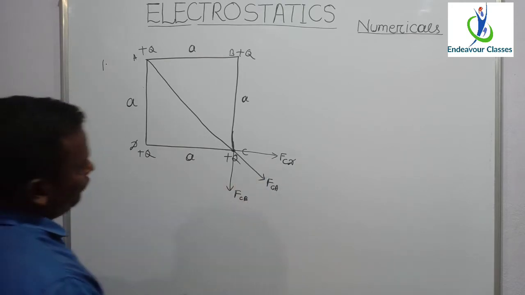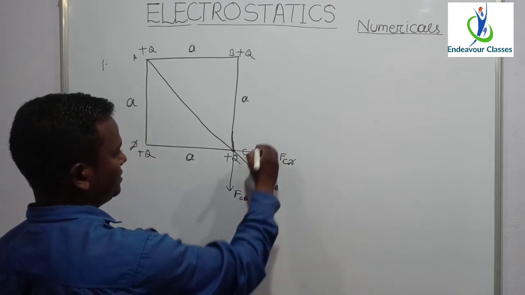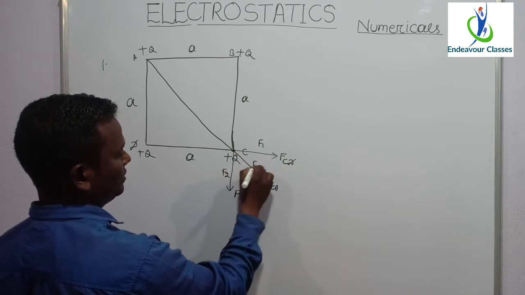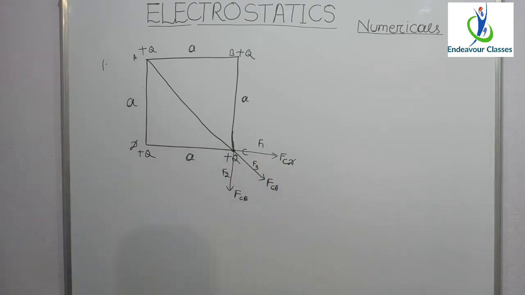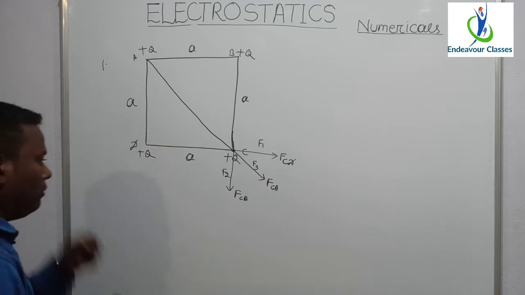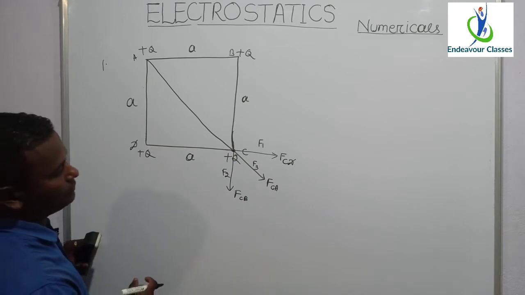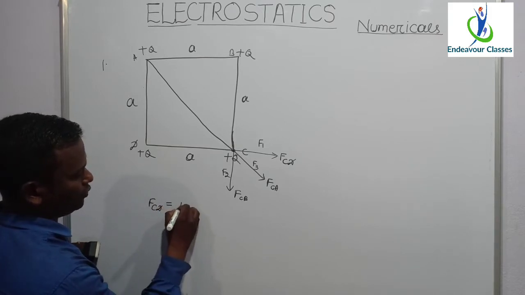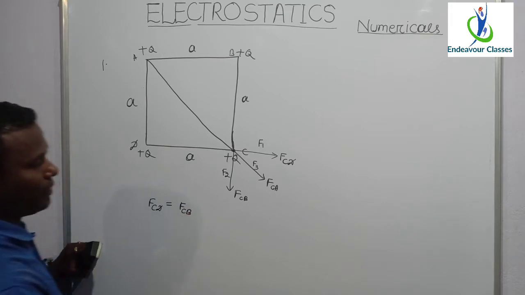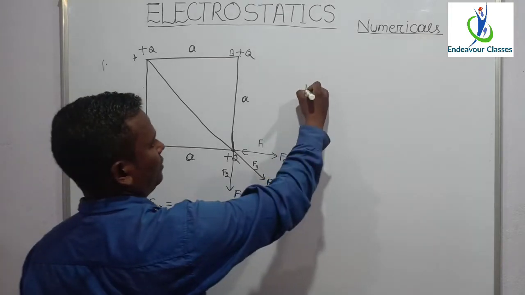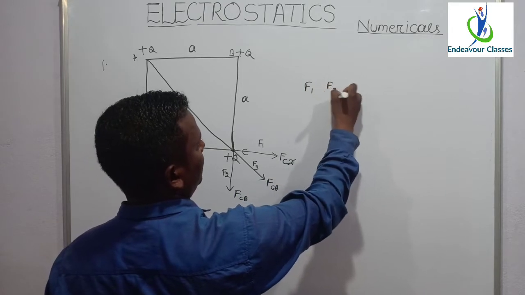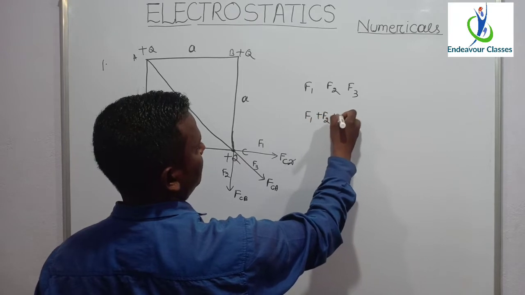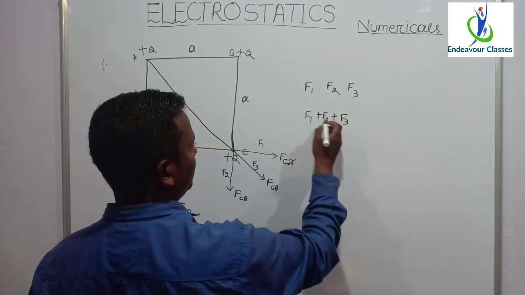In order to find the vector sum, let us say this is F1, this is F2, and this is F3. Here FCD will be equal to FCB. So there are three forces, F1, F2 and F3, and we have to find F1 plus F2 plus F3.